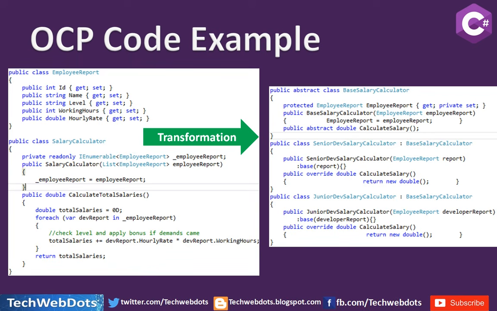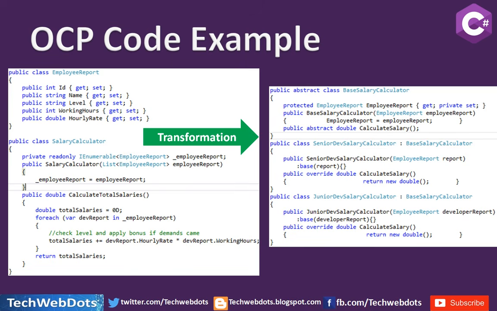The second thing is the base salary calculator method, in which we are initializing the employee report, and the third thing is an abstract method. What the abstract method says is that in any class inheriting the base salary calculator class, we can give the implementation according to our need.